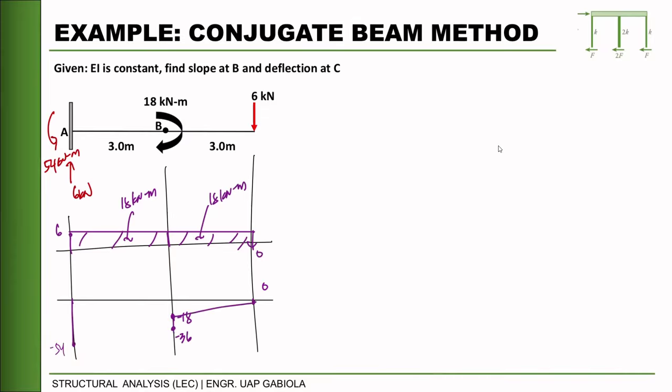So our moment diagram is trapezoidal at segment A to B and triangular at segment B to the free end. EI is still constant, so we just divide this by EI. We should be fine. Then our conjugate beam.